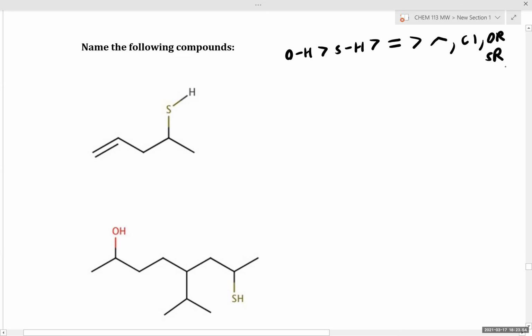So with this priority list in mind, would someone like to take a shot at naming this compound? And it may look a little bit nostalgic as we've seen this type of structure before in our chapter on naming alcohols. Would anyone like to propose a name for this compound?